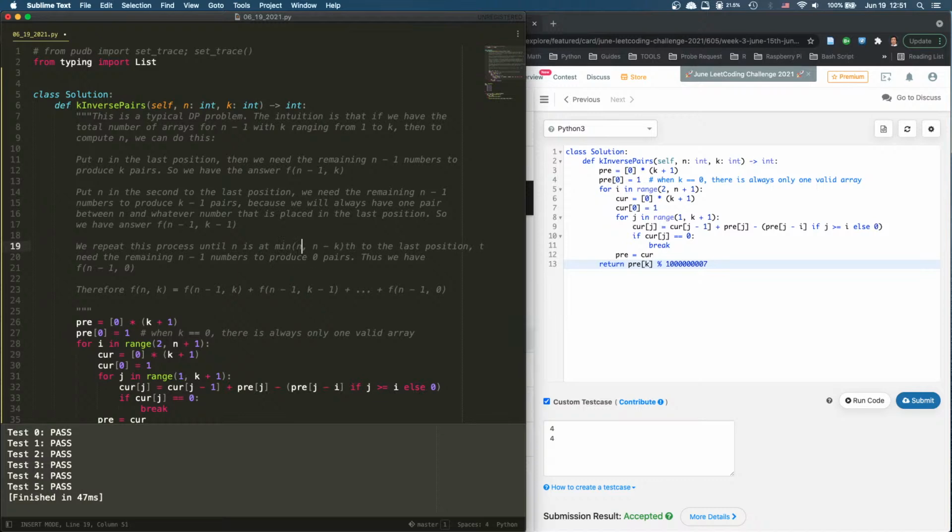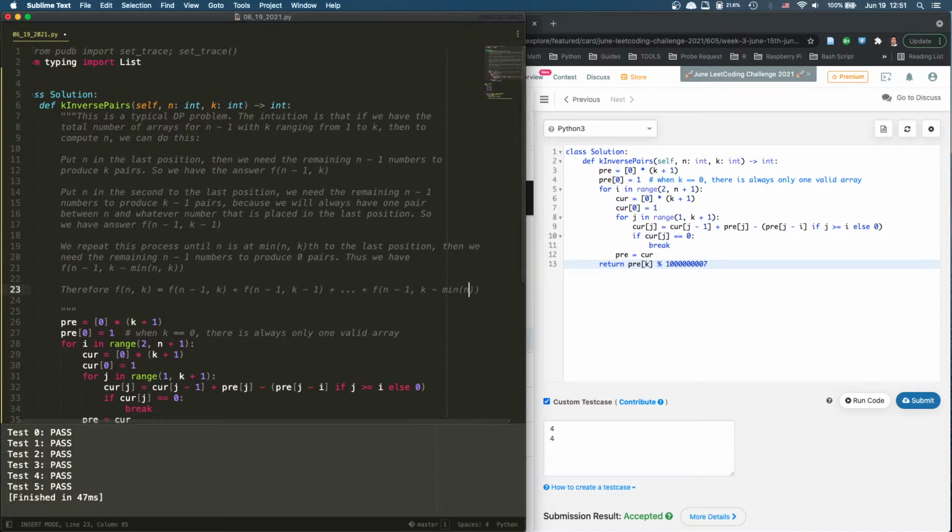Min, either nth position or k's, whichever is smaller. Then we're going to have n minus 1, and this is going to be k minus min(n, k).